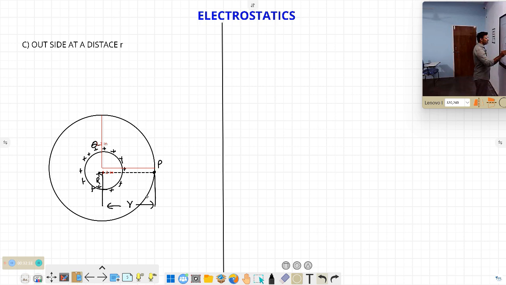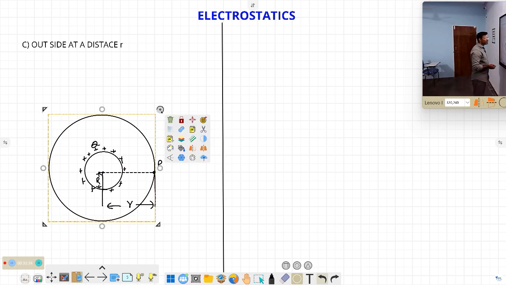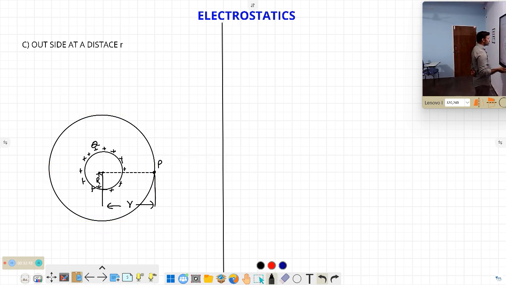This imaginary surface passes through the point P. What is the radius of that imaginary Gaussian surface? Small r. The original sphere has radius capital R, and the imaginary Gaussian surface has radius small r.